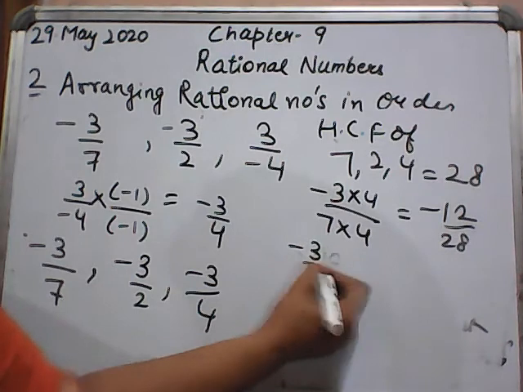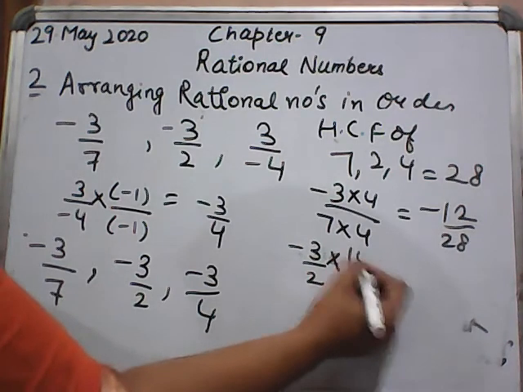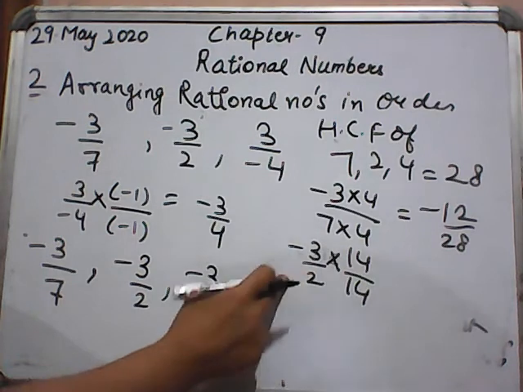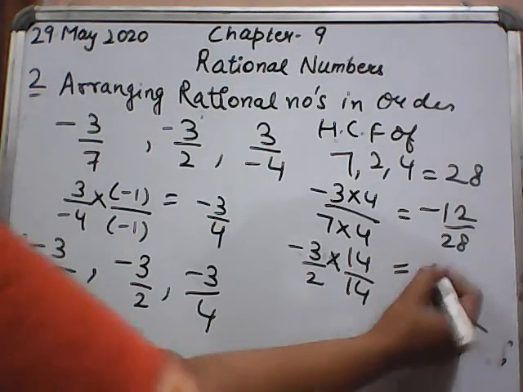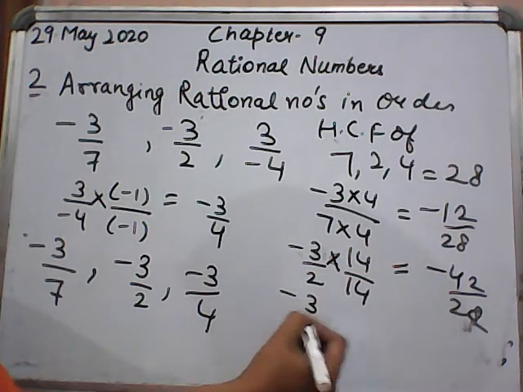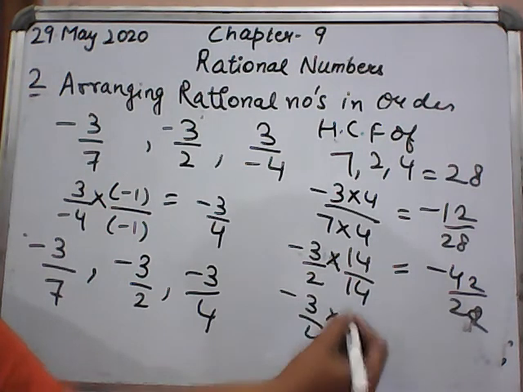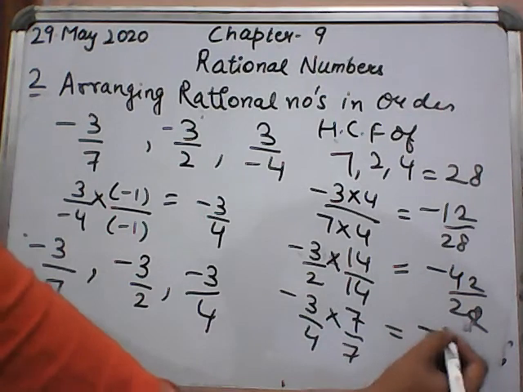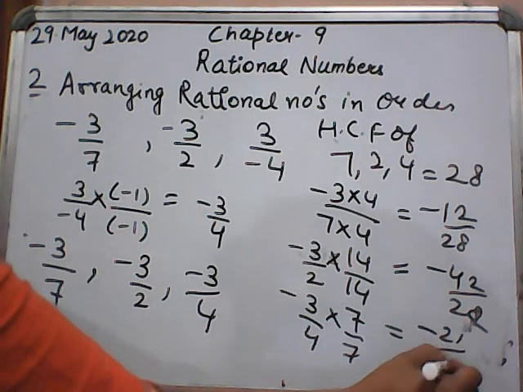Minus 3 by 2, if we multiply numerator and denominator by 14, we get minus 42 divided by 28. Minus 3 by 4, if we multiply numerator and denominator by 7, we get minus 21 divided by 28.